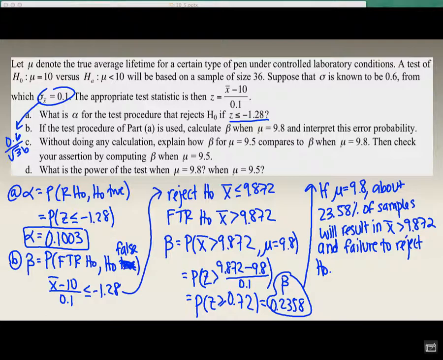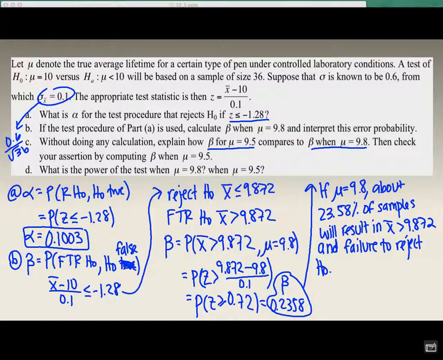Which one is beta going to be higher for? 9.8. Why? Because power increases when you increase the size of the discrepancy between the hypothesized value and the true value.